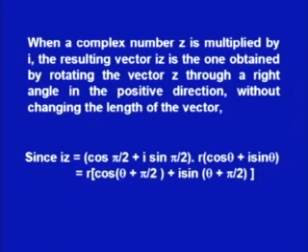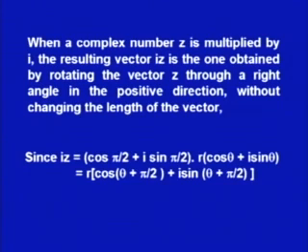And we can explain this, because if we take I z, we can write I as cosine pi by 2 plus I sin pi by 2, because cosine pi by 2 is 0. So, this is I into 1, and z is r times cosine theta plus I sin theta, and this will be equal to r into cosine of theta plus pi by 2 plus I sin of theta plus pi by 2.